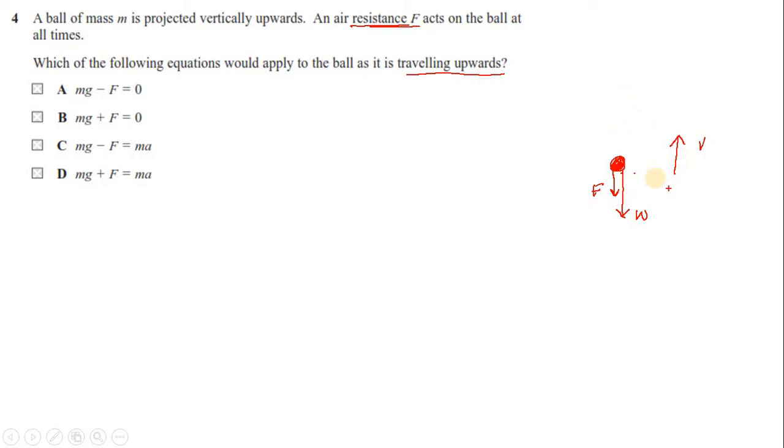So due to these two forces, this object is decelerating, and you know that when an object moves upward, it decelerates. So the object has an acceleration, so there is a net force acting on this object. How do you write the formula for net force? Net force F net will be F plus W, and W is mg.